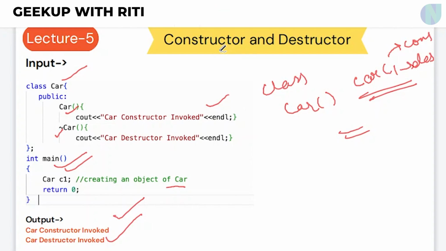Have you ever thought about what happens when no destructor is declared? If no destructor is declared, the compiler will generate a destructor that will call the destructors of all the members of that particular object. So a destructor is necessary because you get your memory freed, so there is no memory leak as well.